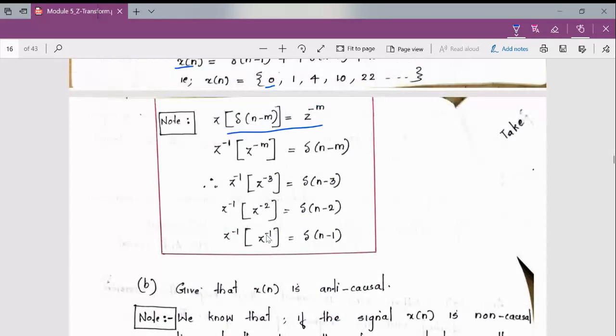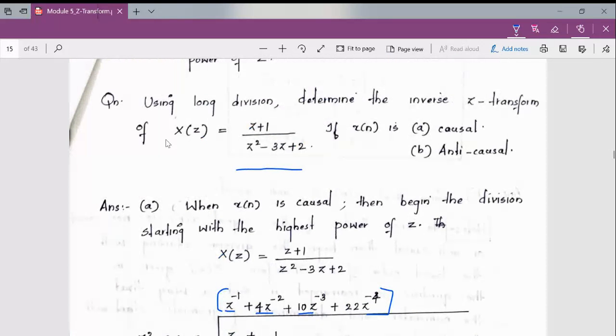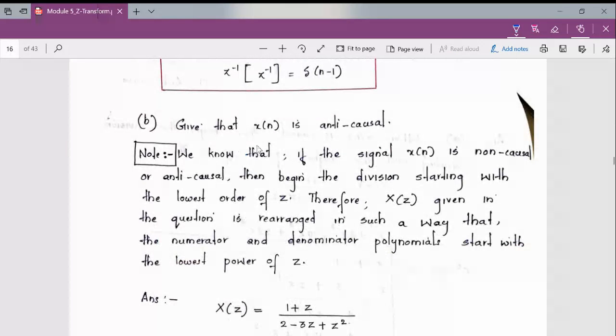So this is all about the case of a causal sequence. When x of n is causal, we have to perform the steps like this. Next comes the anticausal case. Given that x of n is anticausal, we know that if the signal x of n is non-causal or anticausal, then begin the division starting with the lowest power of z.